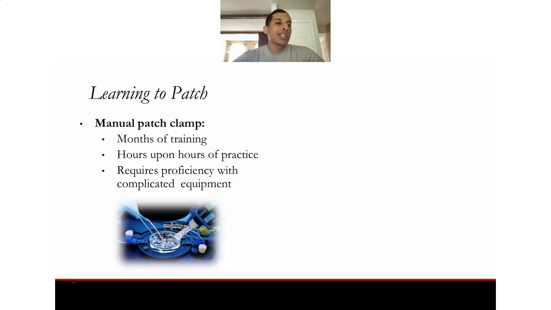Having done manual patch clamp, Diane talked about this a little bit, but one of the most difficult things about doing patch clamp is the learning curve. It takes months of training oftentimes and hours of practice. And an underrated feature is that it requires proficiency with what can be complicated equipment. Moving from rig to rig, or doing patch on one rig and then moving to a different rig, can pose challenges as well.